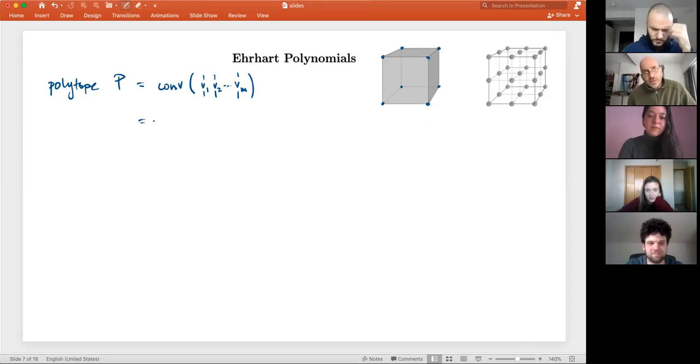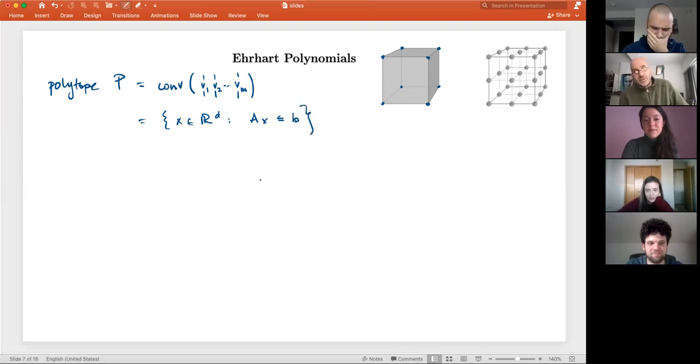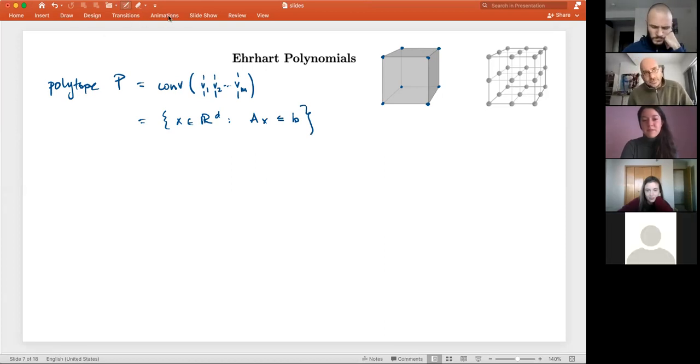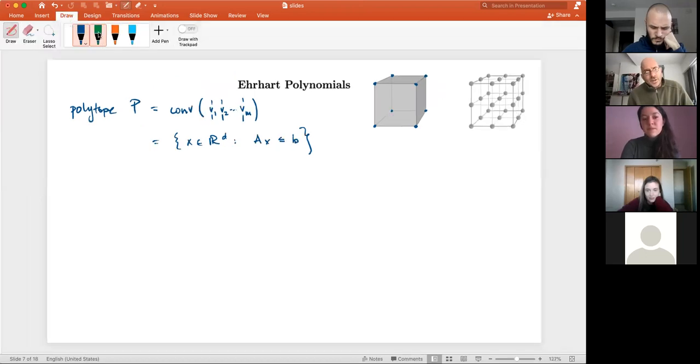Or you can think of a polytope as given by a linear system of equations and inequalities. So let's say we're in R^d. Then I think of my polytope as given by a system of equations, except I'm allowing inequalities now. When I say less than or equal over here, I mean component-wise.